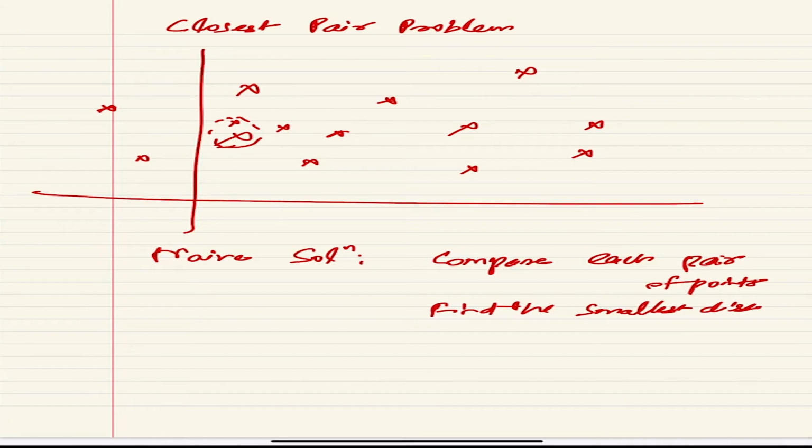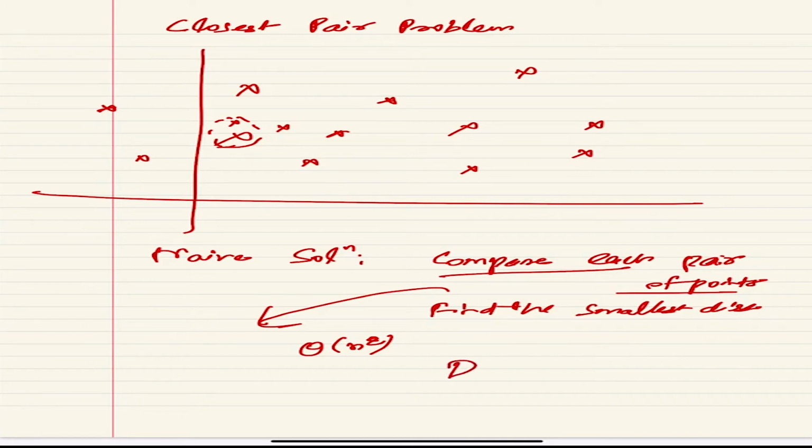And how much time will it take? Because you have to compare each pair, there are n square pairs, so nC2 pairs. So you will take theta n square. That is the naive algorithm. And what you have to do is use divide and conquer, and achieve better than that.